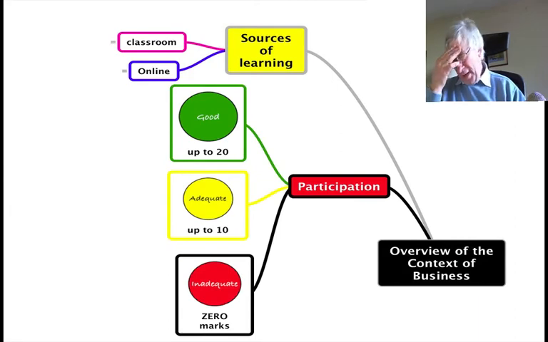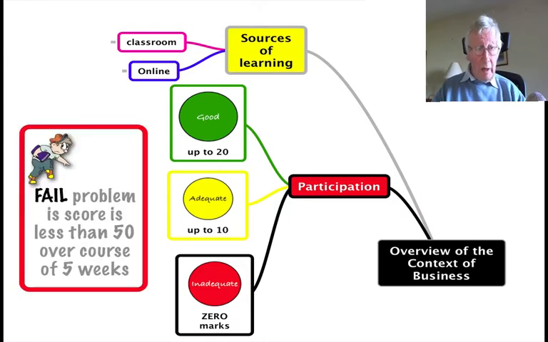Now, participation in this module is a very, very important aspect. If you do not participate in the module, you will fail the module, you cannot pass. So if you score less than 50, you cannot pass. We grade participation each week. One member of the staff in each class, one of the two class tutors, acts as a learning and assessment manager.